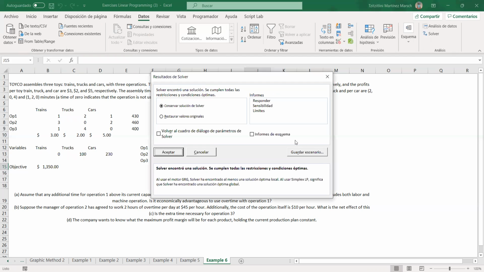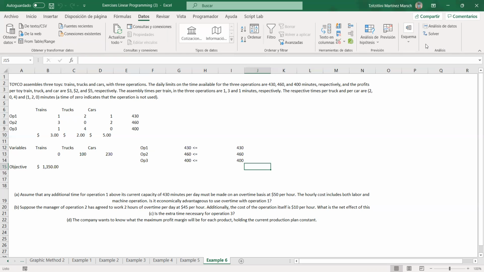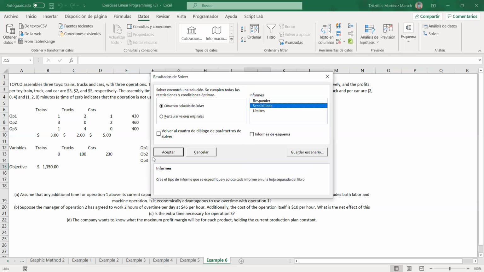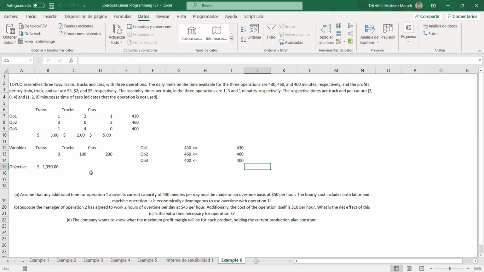And I go ahead and solve it. I wanted to do something else, I'm sorry. Go here, and I'm going to make my sensitivity report. And it says right here that I can earn 1,350 pesos building 0 trains, 100 trucks, and 230 cars. And that is my answer.